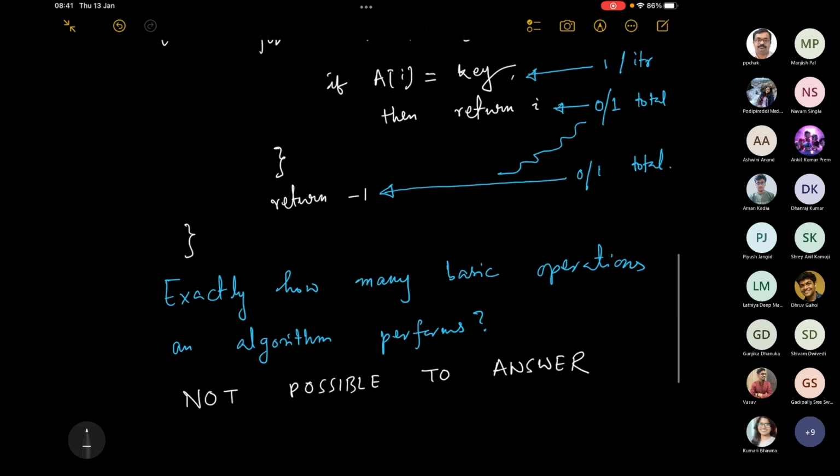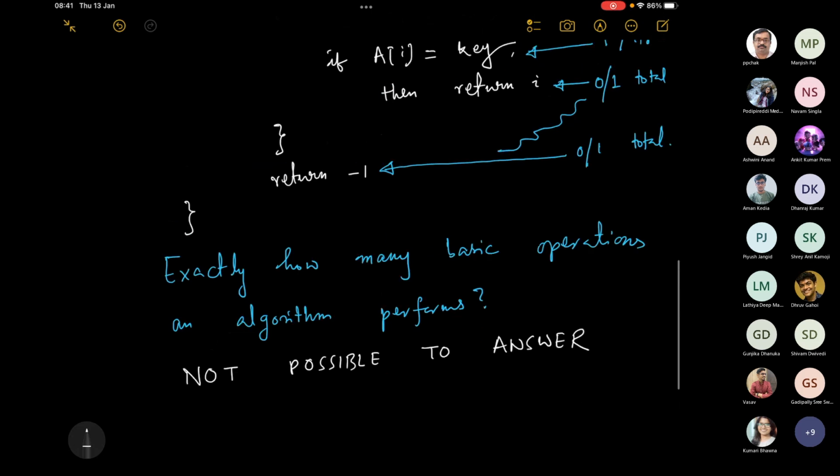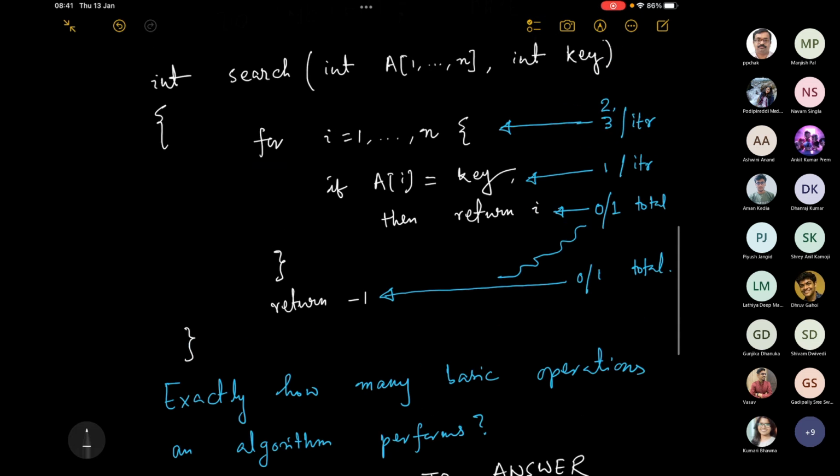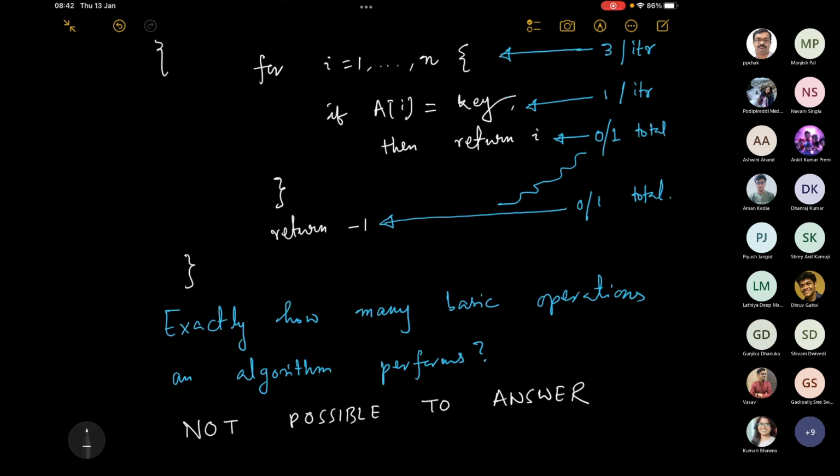Why does the number of iterations vary? Because the input can vary. So how many basic operations an algorithm performs of course depends on the input.